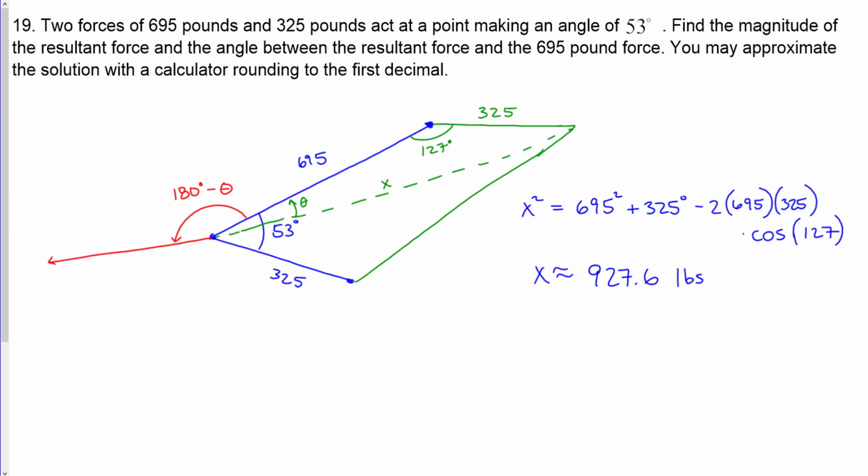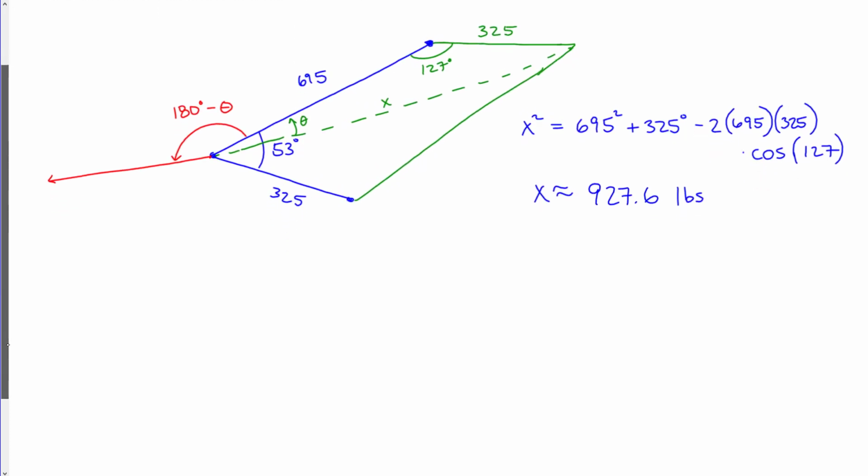So I'm going to solve for theta first and then come up with that angle measure second. To solve for that, it looks like my best bet is to use the law of sines. So what I can do is set up sine of theta divided by 325 is equal to the sine of 127 over 927.6.